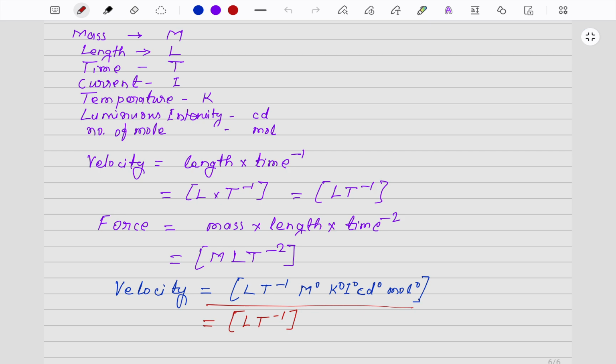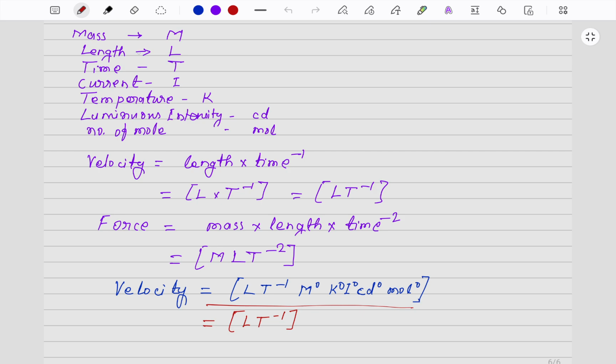So while writing the dimension of a derived quantity, writing all the letters of base quantities like mass, length, time, current is lengthy. So what we do is use symbols for the base quantities.